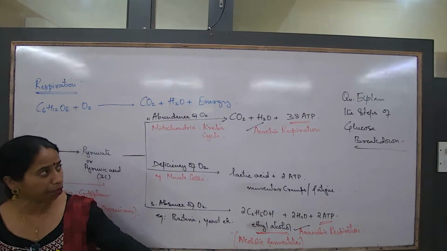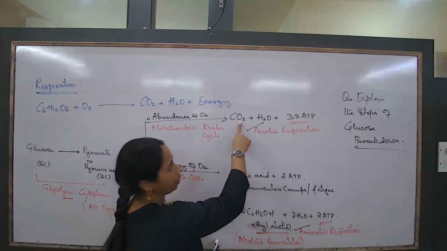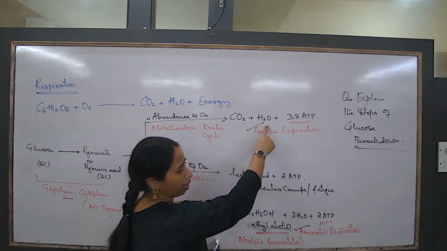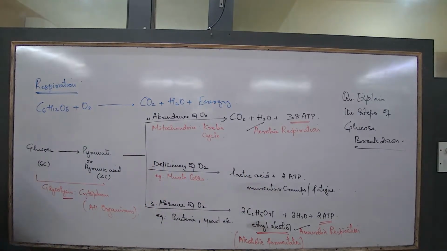Number 2. For aerobic, prominent products, write 1, 2, 3: carbon dioxide, water and 38 ATP. Other side, ATP is an energy molecule that is constantly released from the mitochondria, which will again break down and get the job done in the cells.